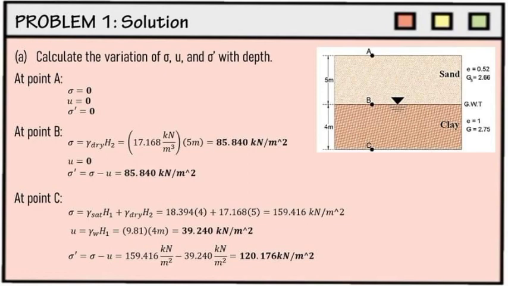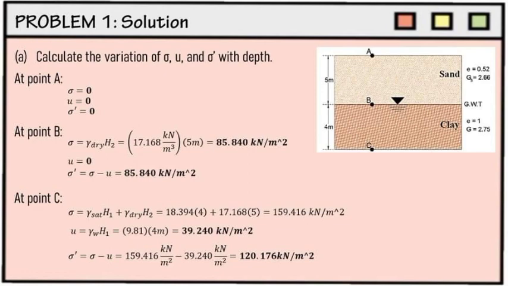And for pressure is equals to 0, and for effective stress is equals to stress minus pressure is equals to 85.840 kilonewton per meter squared.